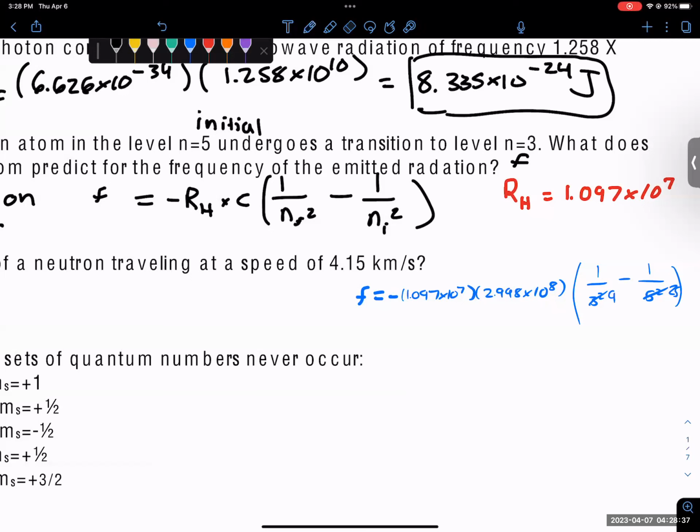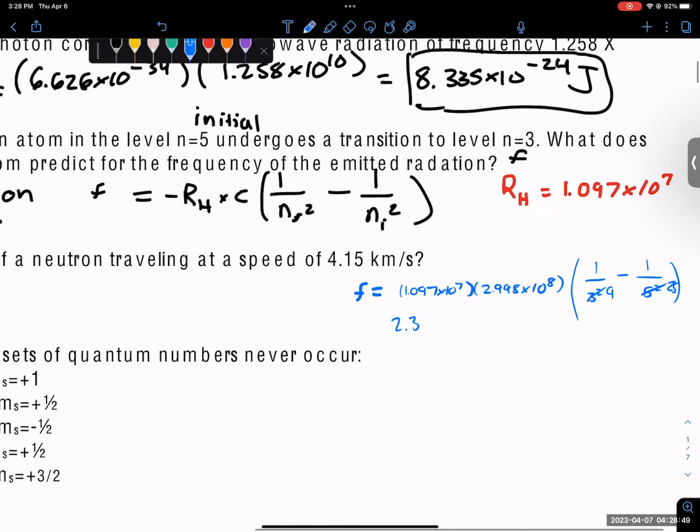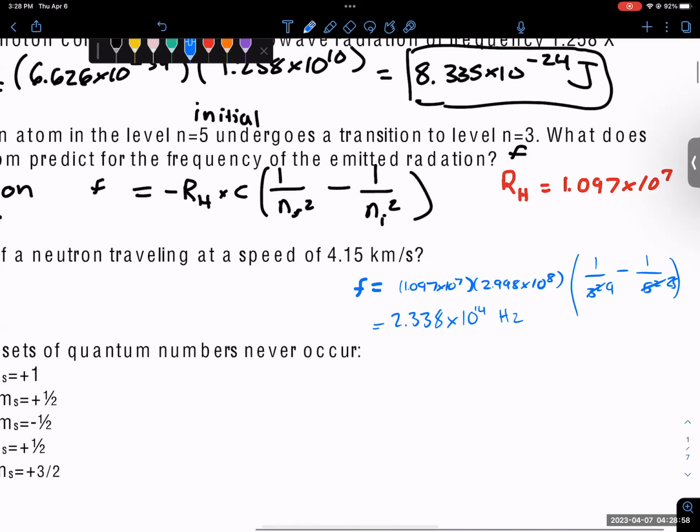So I think I made a mistake in requiring the negative sign here. I can check with the notes right after this. But if you take the negative sign away, you get 2.338 times 10 to the 14 hertz, which checks out with the answer key.